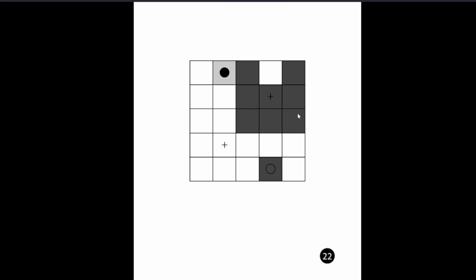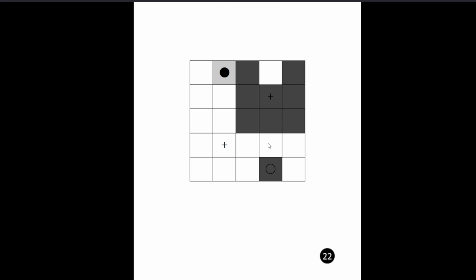Like, surely it's not like it has to be this kind of symmetry, right? It's not like up and down symmetry. Maybe you need a connected black shape with mirror symmetry. That could be it. That seems consistent, right?